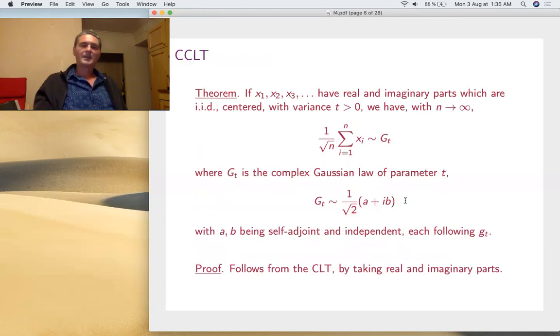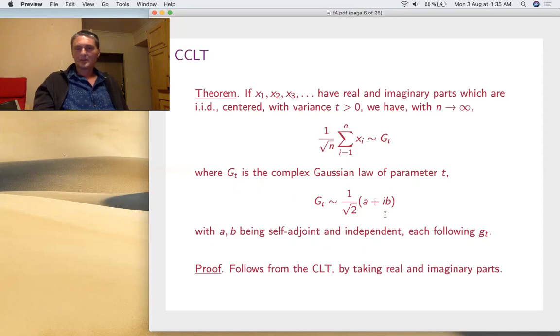So our variables now are no longer self-adjoint. In the classical case, we can take them to have real and imaginary parts which are i.i.d., centered, with the same variance. Then the same averages go to the complex Gaussian law, right? The proof is just taking real and imaginary parts and applying the CLT.